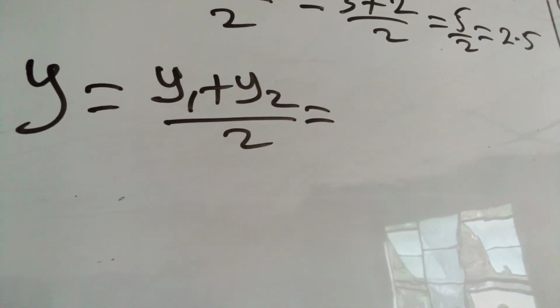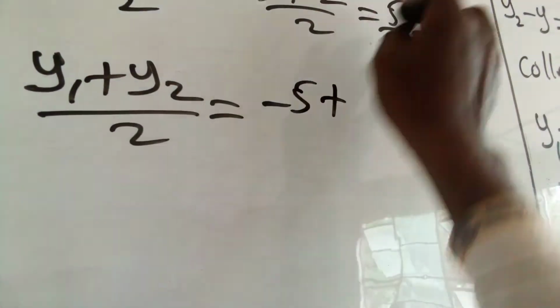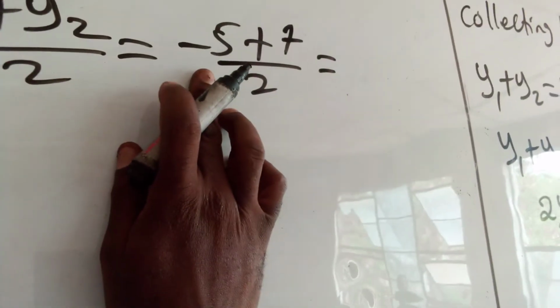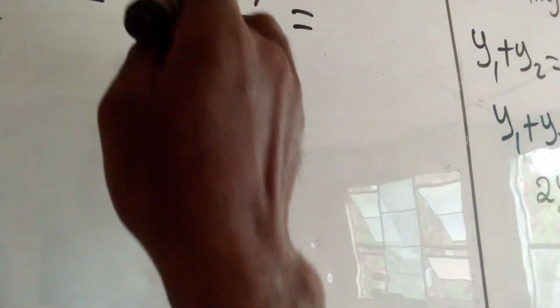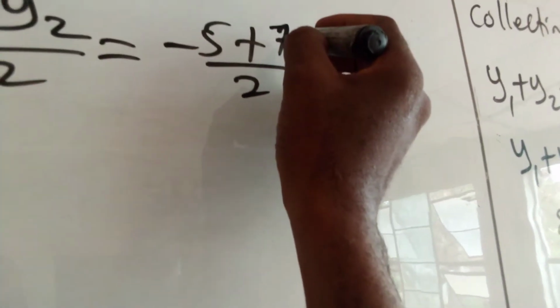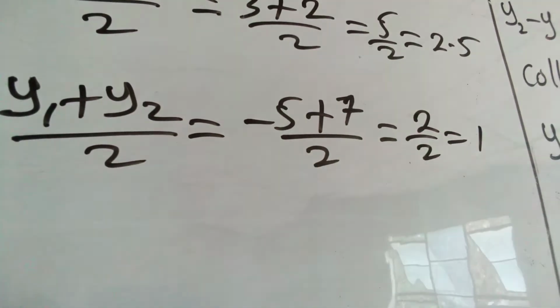What is your y1? Minus 5. y2? 7, all over 2. Minus 5 plus 7 will give you what? 2. Minus plus, you subtract and take the sign of the bigger number. 7 is bigger than 5. So it's going to give you 2 over 2, which is 1.